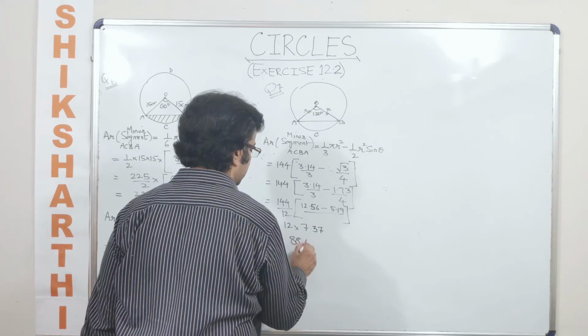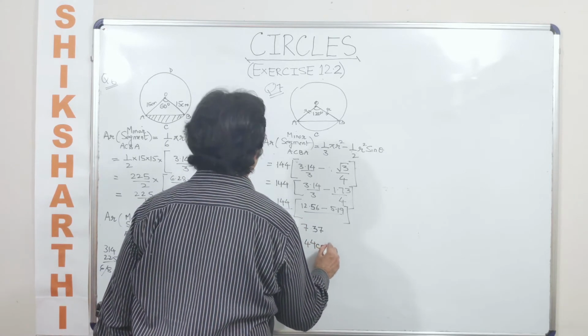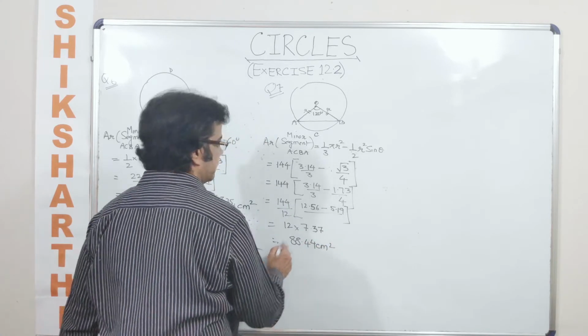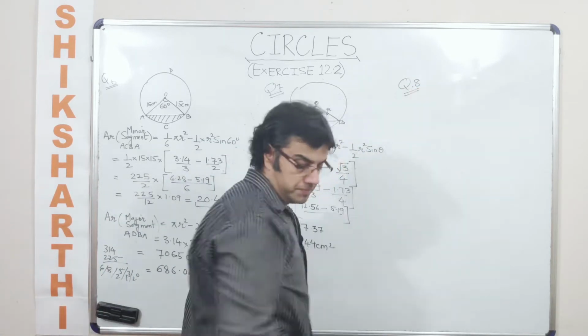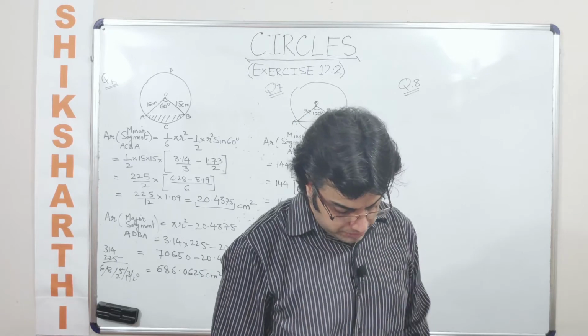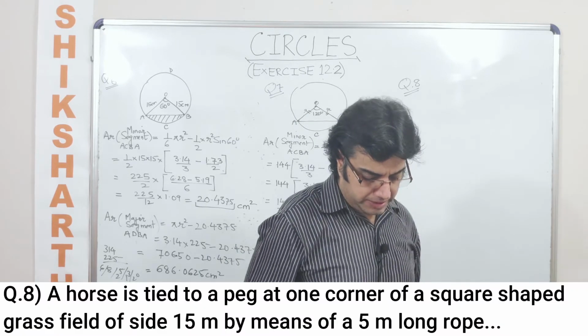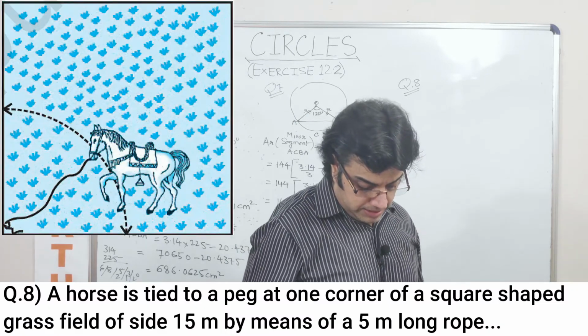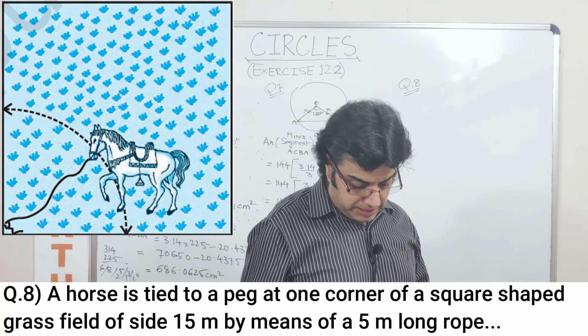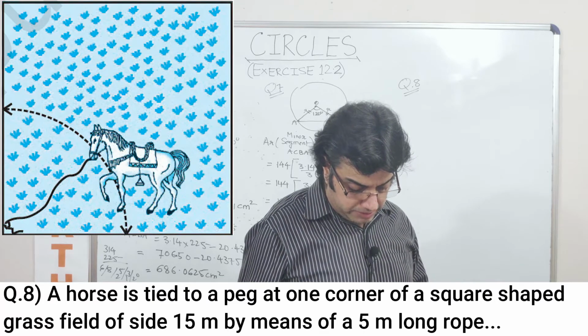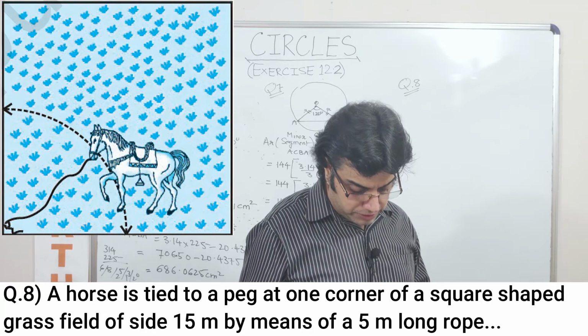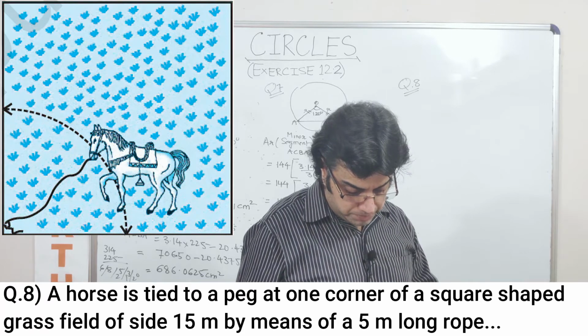Okay, moving on to the next question, which is question number 8. Question number 8 says, a horse is tied to a peg at one of the corners of a square shaped grass field of 15 meters by means of a 5 meter long rope.